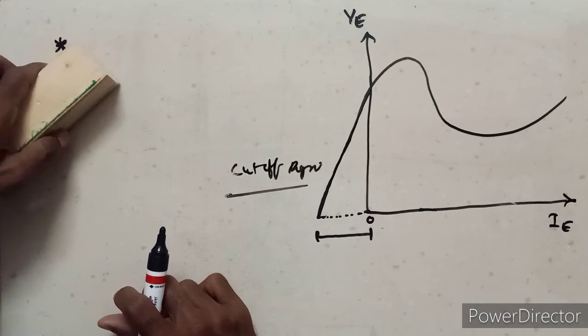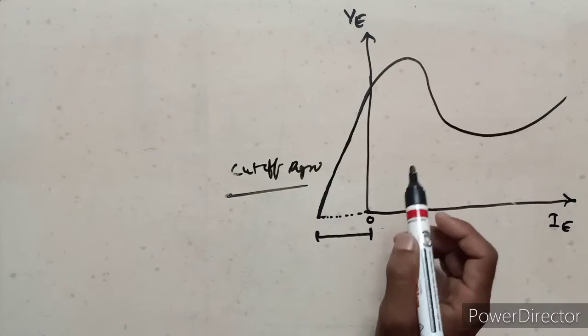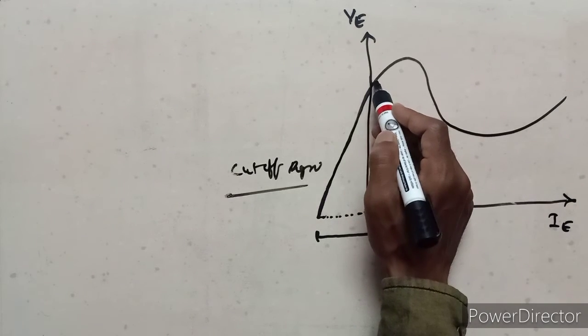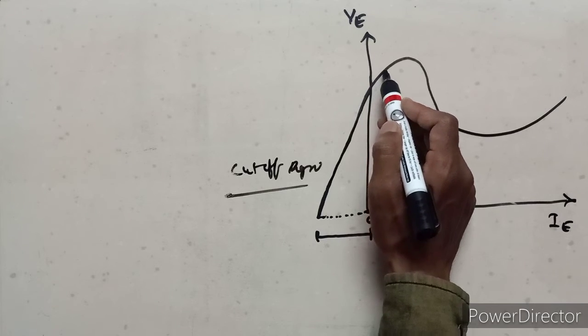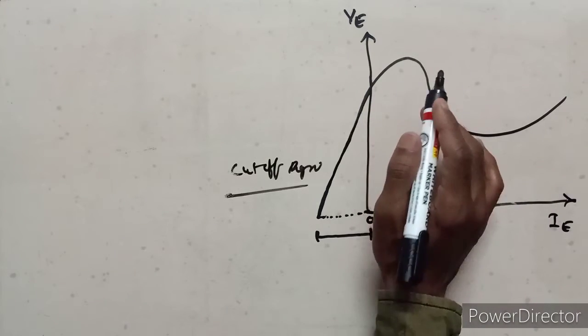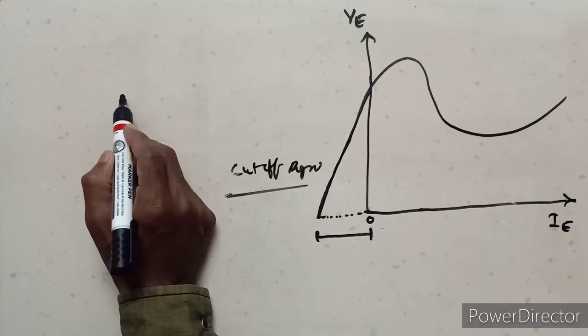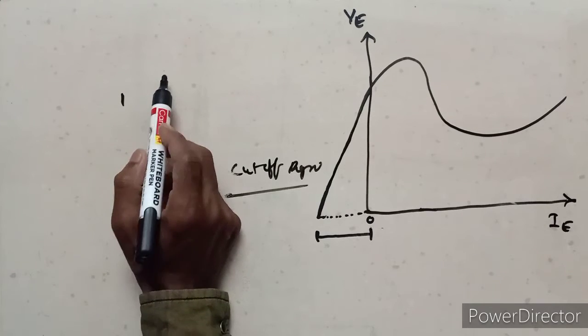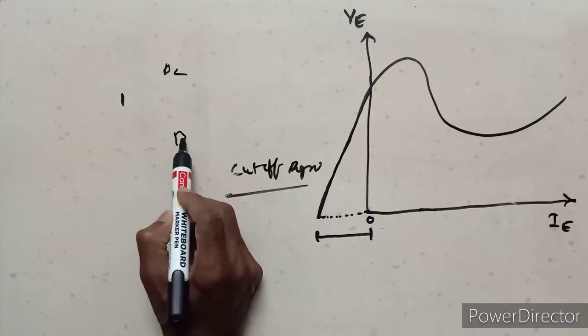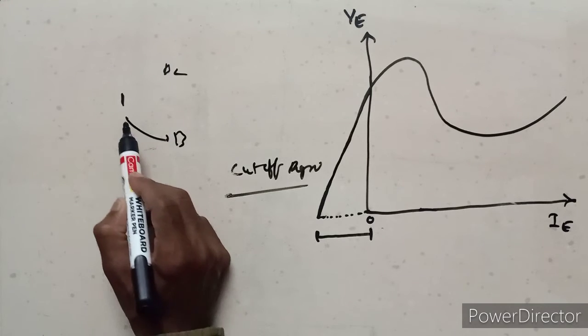Okay, second one, when VE is slightly greater than V1. So this is the V1, this is the emitter, this is the B2, this is the B1.